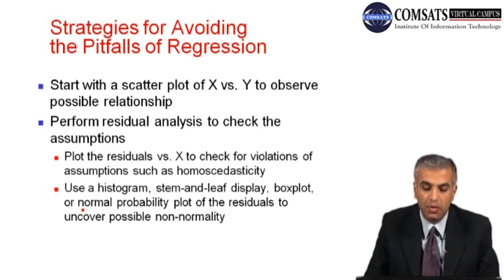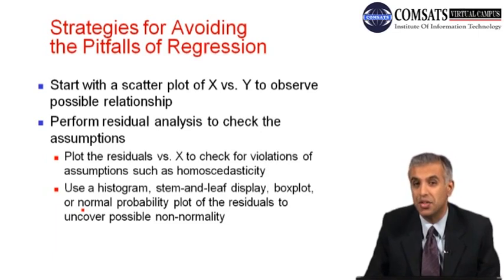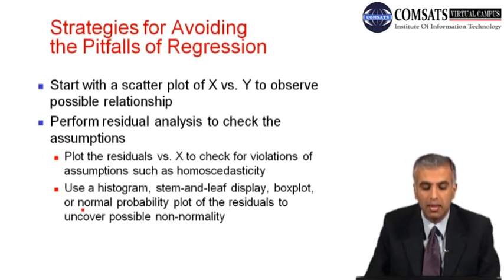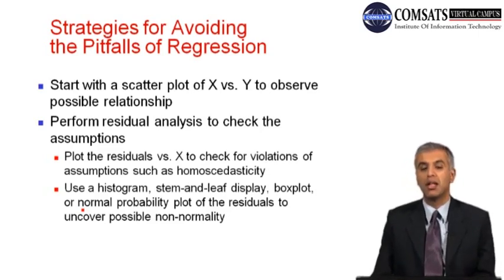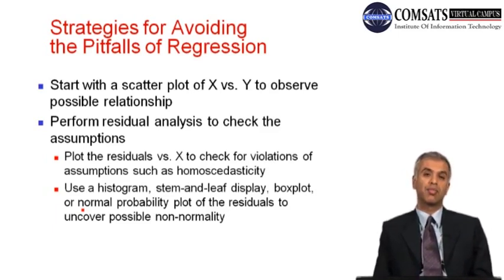With reference to the two variables which we want to observe, this is used to have an idea about the nature of the relationship which may exist between the two variables. That's the initial strategy, so that we can have a brief idea of what kind of relationship we are looking at. Then the suitable regression analysis can be chosen based on that.